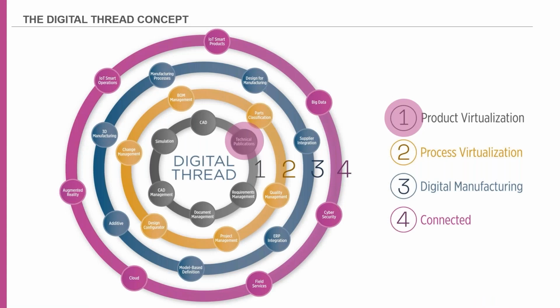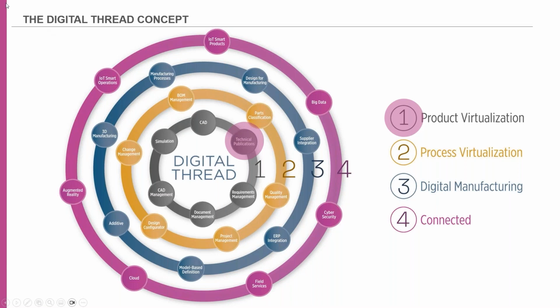In addition to that, if any of you have followed our YouTube channel, we've had several series called the Digital Thread series. What that means is exactly what we're looking at on our webinar today, and other various demos in series that are focused on certain areas and functionalities that you can do within Creo that are tied to any given area in these 4 rings.